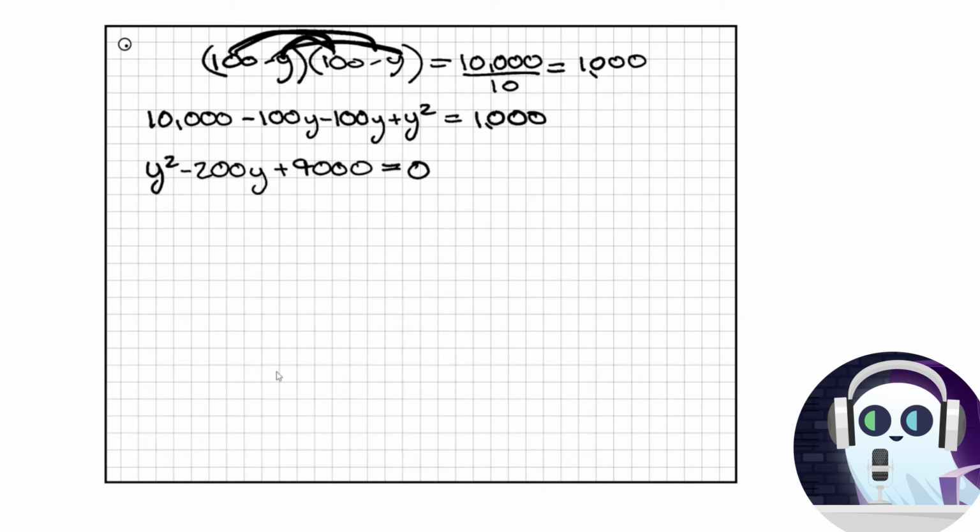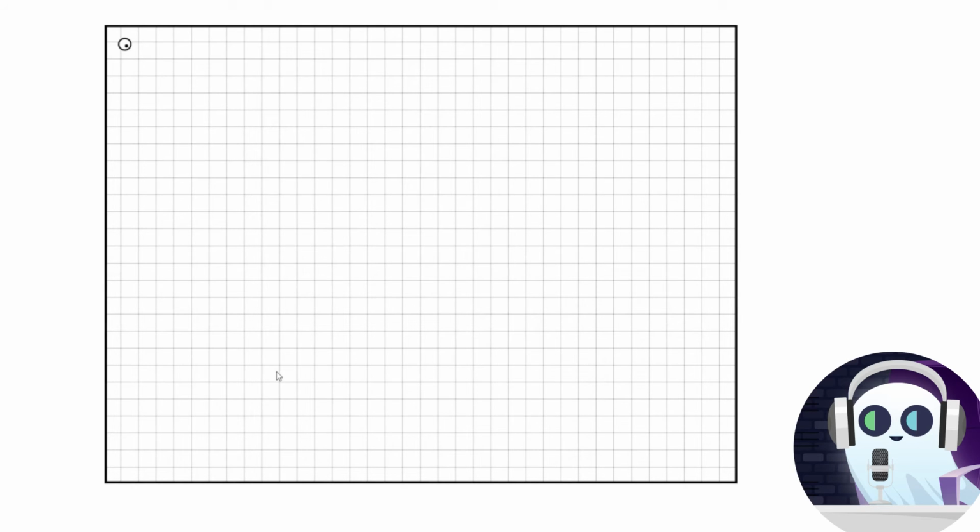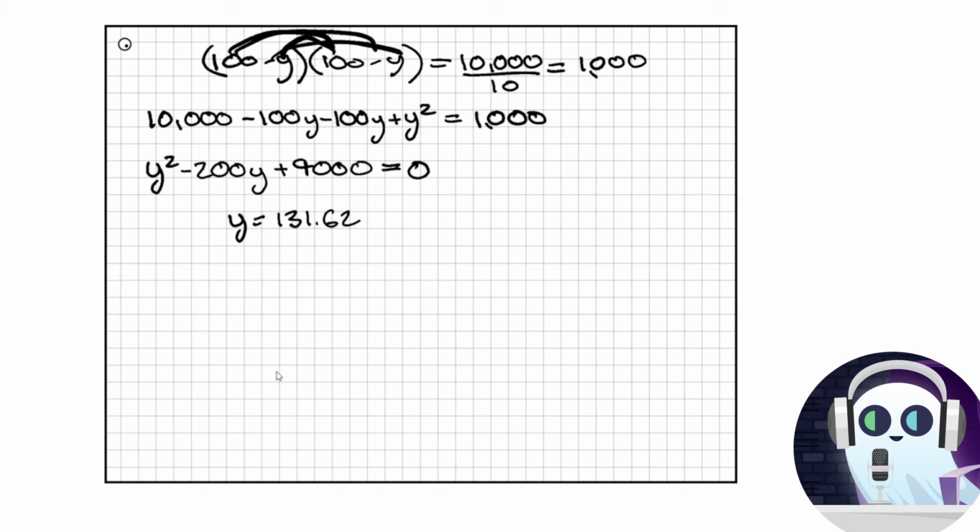But I'm just going to see if 131.62 works. So if y is equal to 131.62, then that would look like 100 plus 131.62 equal to 10,000.